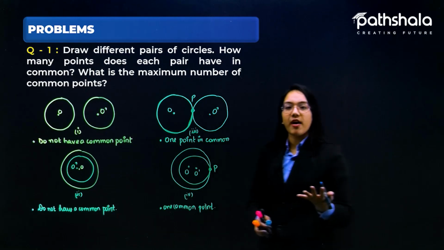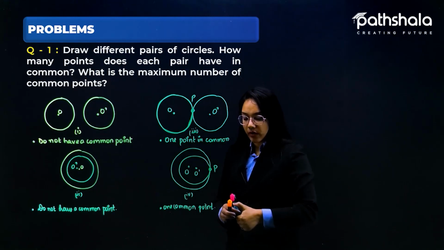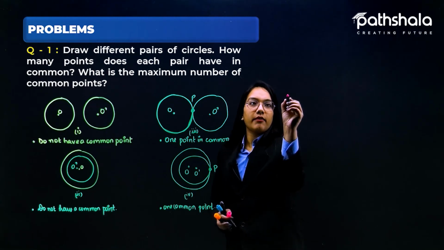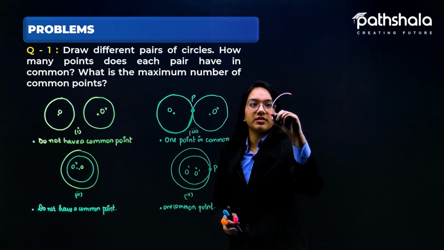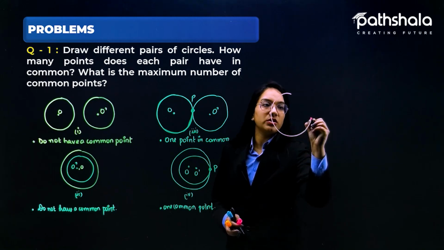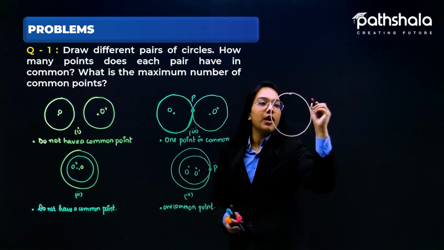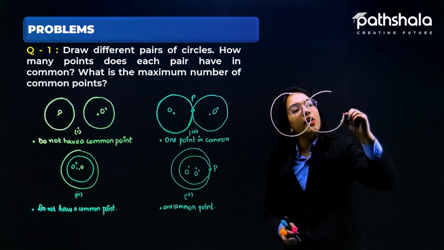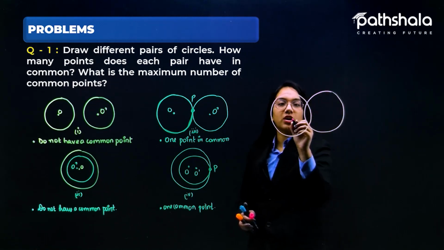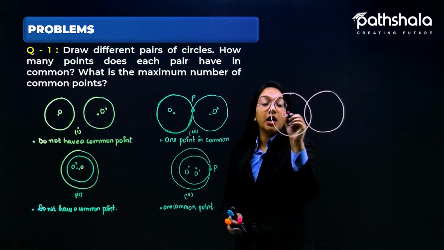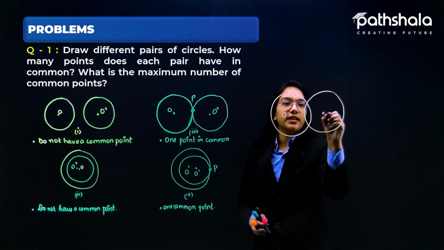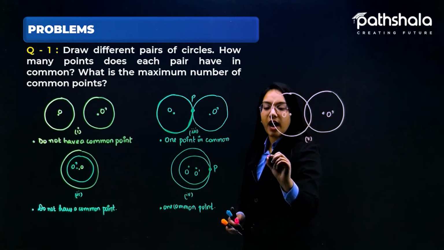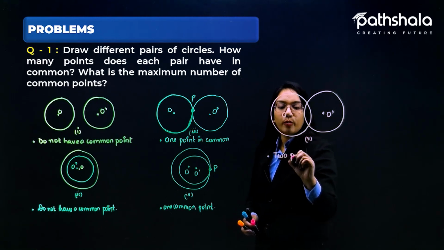Now let us suppose I move on further and talk about the two circles having points of intersection. This is the first circle that I'm drawing, and this is the 2nd circle. Taking the center as O and the other center as O dash, for the 5th case we can see that they have 2 points in common.